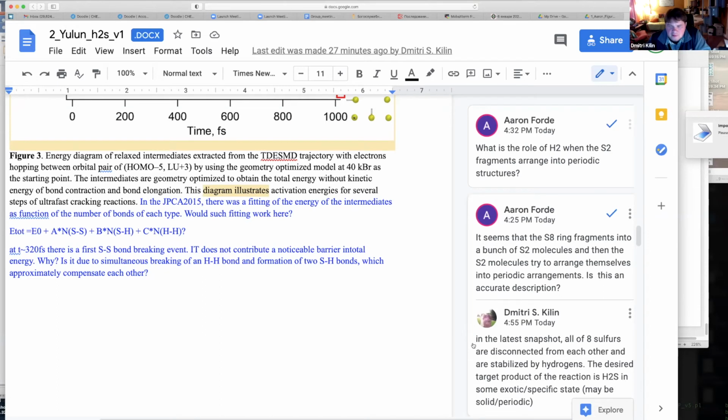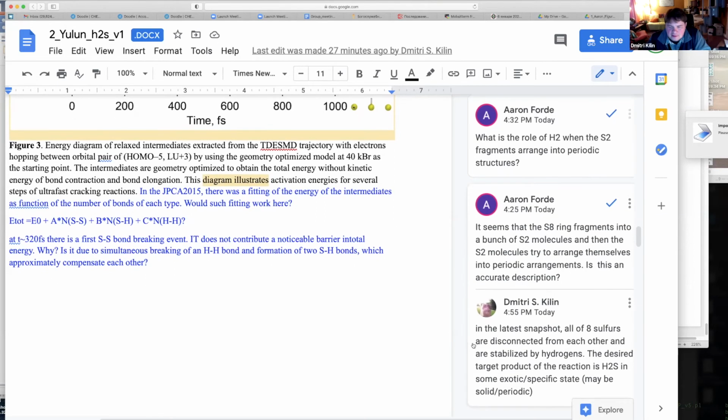So, I did provide an answer that it seems to be more stable when it breaks not into S2, but S1 connected with hydrogens.